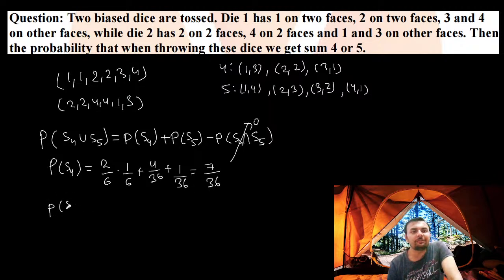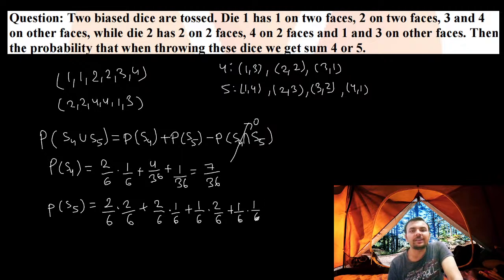Now P(sum 5). Getting 1 is 2 by 6, getting 4 is 2 by 6; getting 2 is 2 by 6, getting 3 is 1 by 6; getting 3 is 1 by 6, getting 2 is 2 by 6; getting 4 is 1 by 6, getting 1 is 2 by 6.